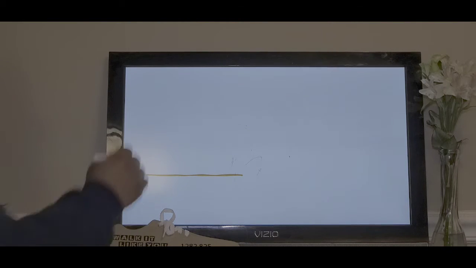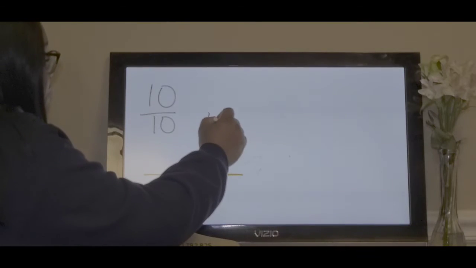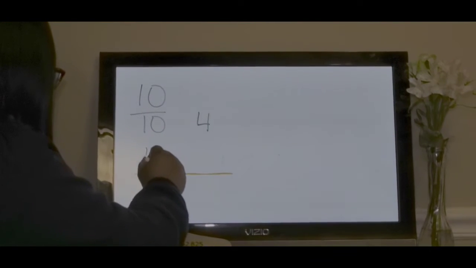All right, so we know that George had 10 pieces of banana bread. He gave out enough pieces to his family, so he was only left with 4 pieces left. So that would give us a fraction of 4 tenths.